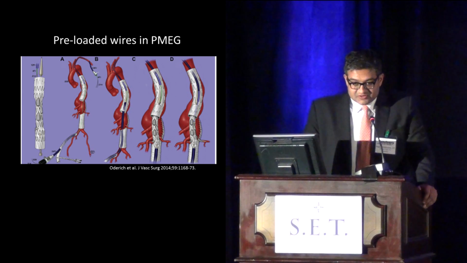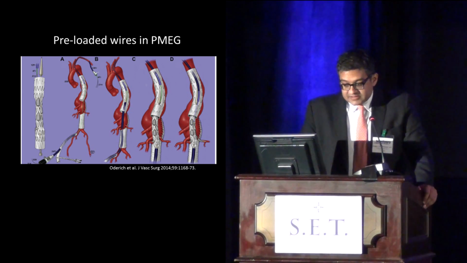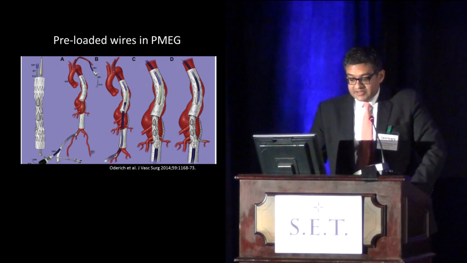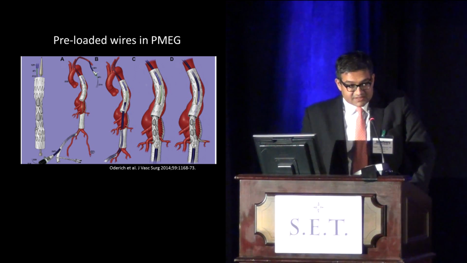And this is a physician-modified graft on the left of the screen. And as you move to the right, each of those branches is pre-wired and cannulated with a wire that's approached from the brachial. This allows easy deployment of the branches from the upper extremity.